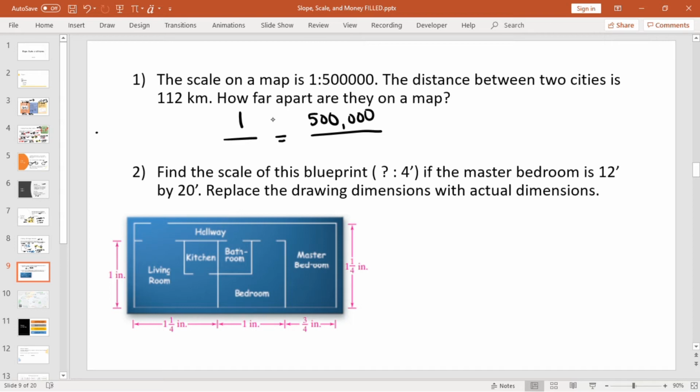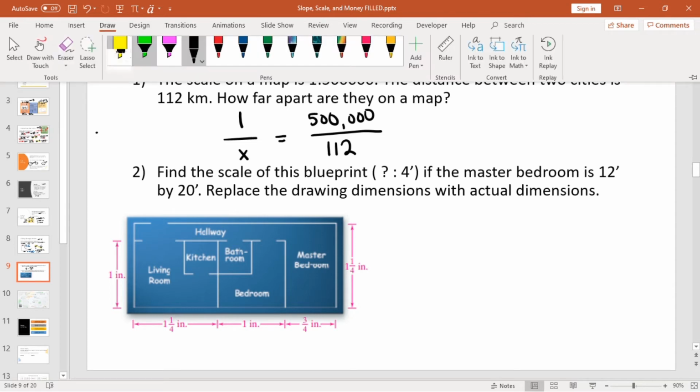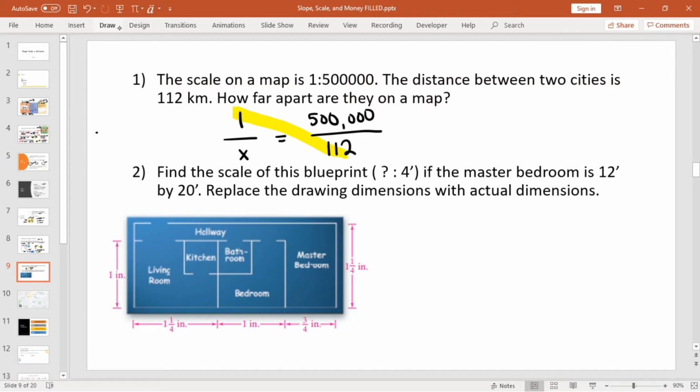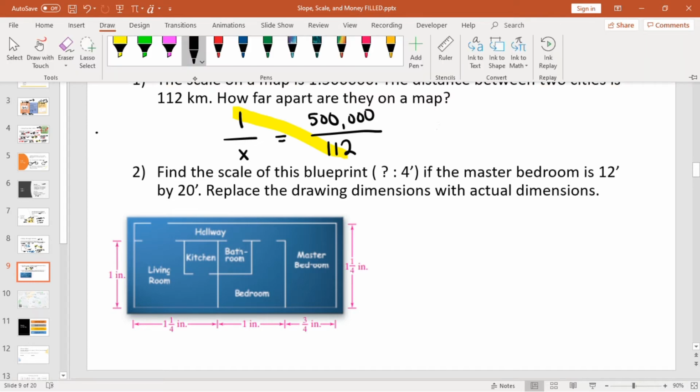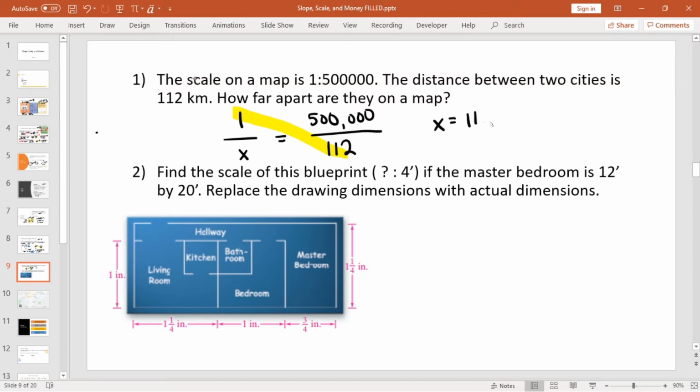So the actual distance is 112, so I'm looking for the distance on the map. Setting that up properly, go back to that kind of table if it's hard for you. Here, the 2 numbers kitty corner are our multipliers, so I'm going to have x is equal to, I'm dropping the 1 because it's kind of obvious.